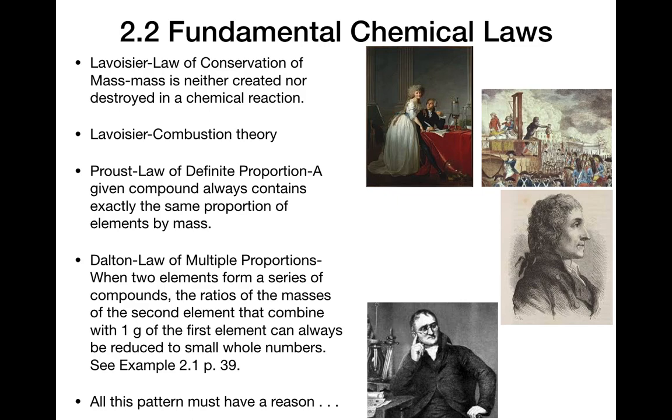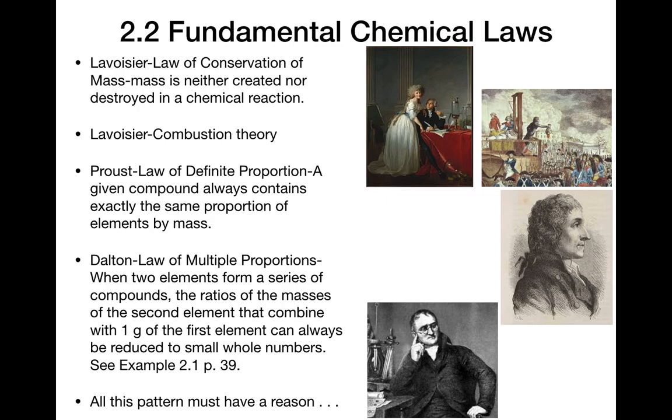Based on these two, Dalton began to think about the possible existence of atoms. As he looked at the proportions of elements by mass, he also noted that when two elements form a series of compounds, or more than one compound is possible from the same two elements, the ratio of the masses of the second element that combine with 1 gram of the first element can always be reduced to small whole numbers.